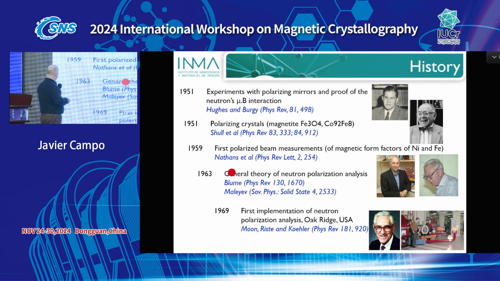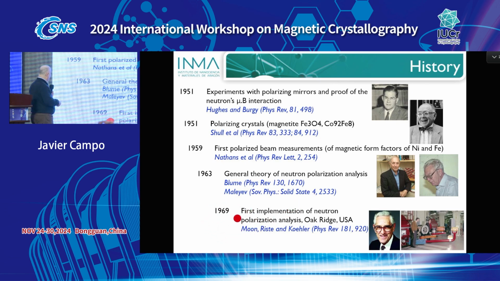And then the first polarized beam determination of magnetic form factors on nickel and iron was made by Nathans and company in 1959, and Blume and Sergei Maleyev, who passed away three years ago, both in the same year, also did the general theory of neutron polarization analysis.